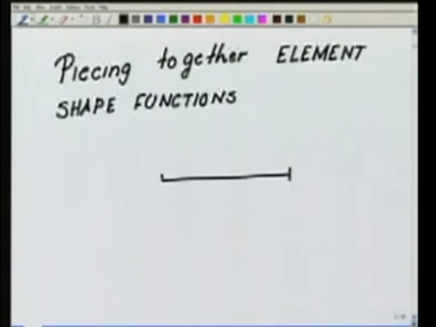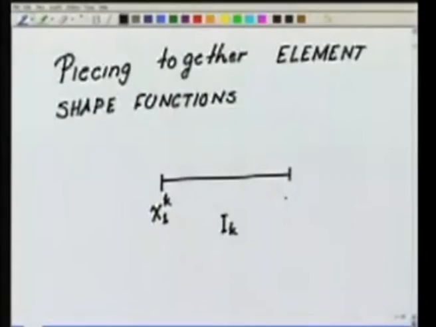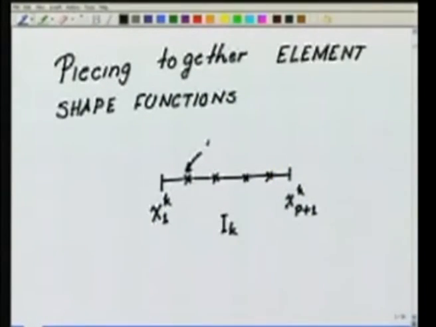If this is the generic element k, I will have this as the first point, the first node, or the left hand vertex of the element, as the node x1k. The right hand vertex is node xp plus 1 k of the element, and in between we have uniformly spaced p minus 1 points. So, this will be point x2k and this will be point xpk.